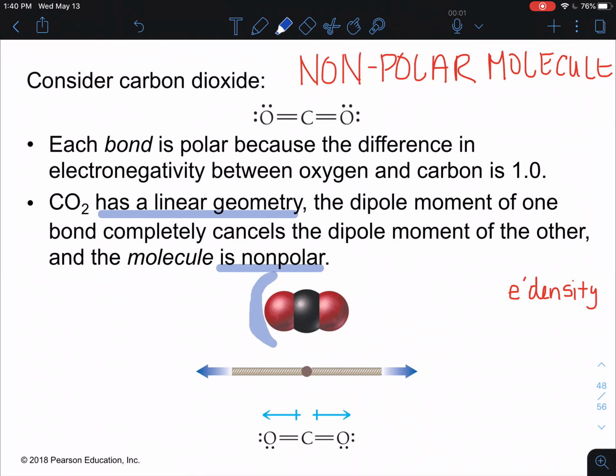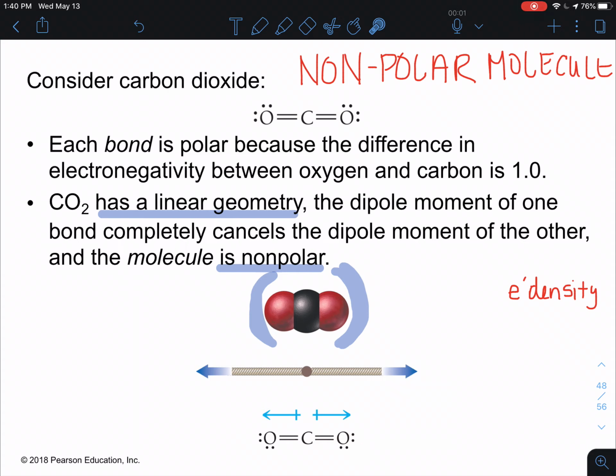This oxygen has a certain amount of electron density on this side, and this oxygen has that same amount on this side, and collectively, if we look at the molecule as a whole, there's no unequal distribution of electron density. All right, this oxygen is pulling electron density in an equal and opposite direction as this one. So there is no unequal distribution of electron density within this molecule.